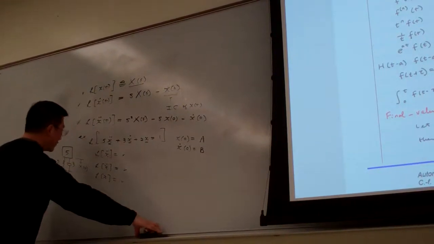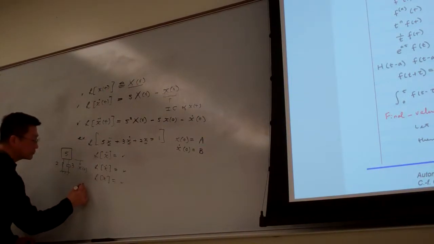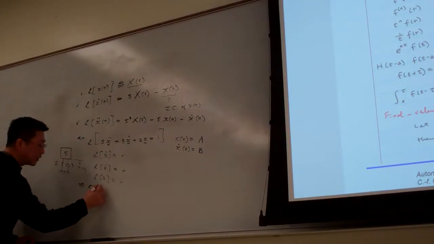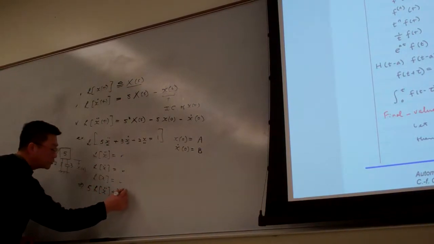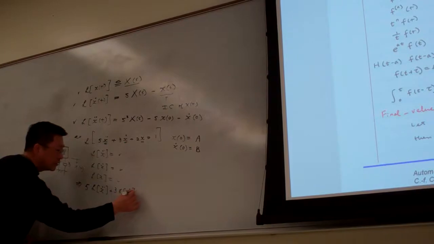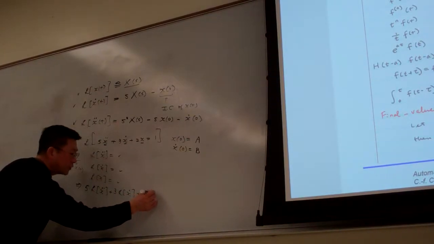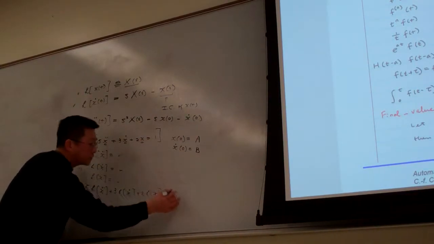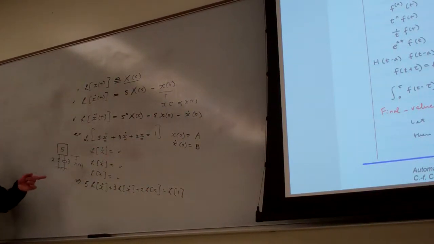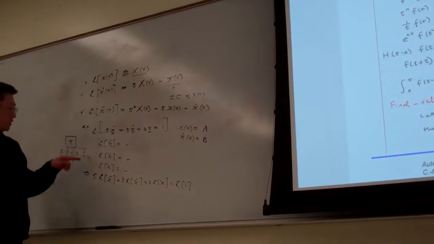Then we simply plug in those Laplace transforms. So this one will become 5 times the Laplace transform of x double dot plus 3 times the Laplace transform of x dot plus 2 times the Laplace transform of x, equal to the Laplace transform of 1. Okay, so we do these individually.